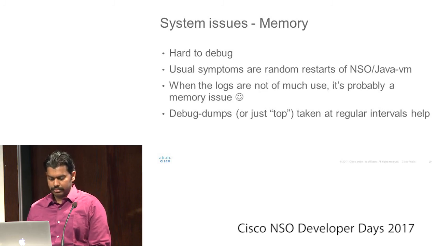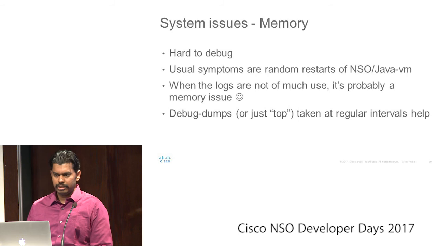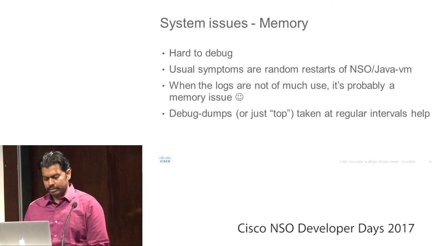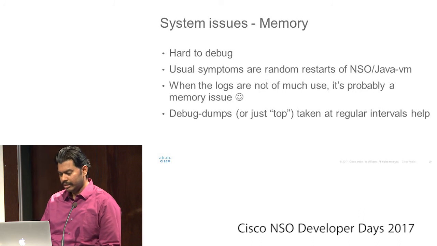And then going forward, the way to monitor the memory usage is by taking regular debug dumps or regular top outputs, for example, and seeing that the memory usage does not spike too much. And things like the out-of-memory killer might also be relevant here.